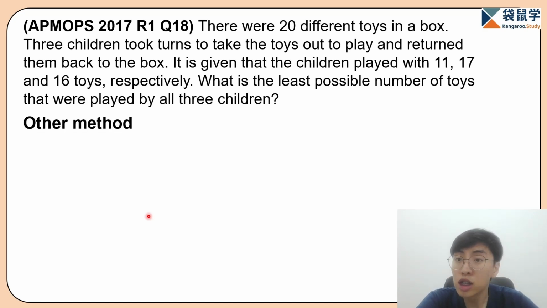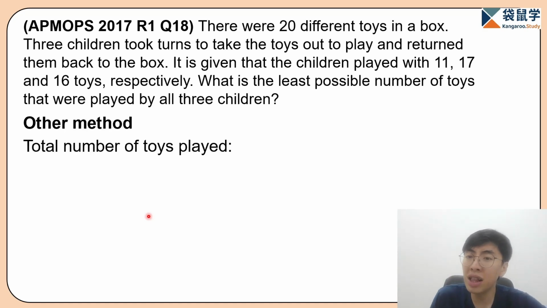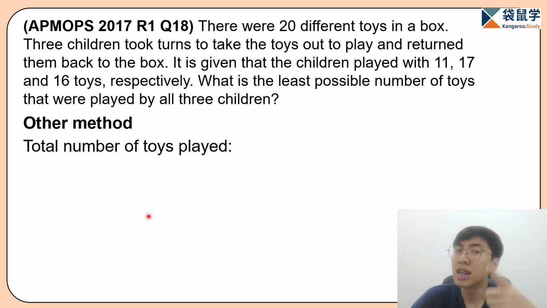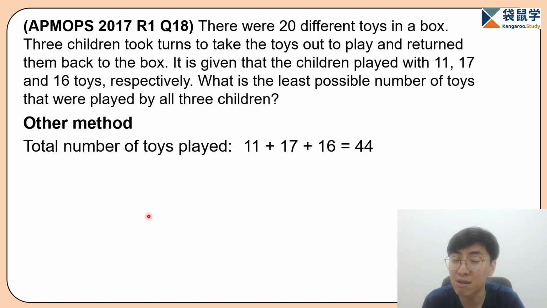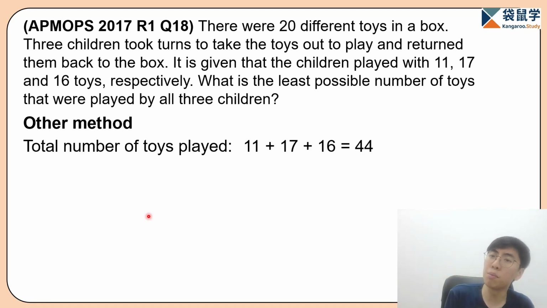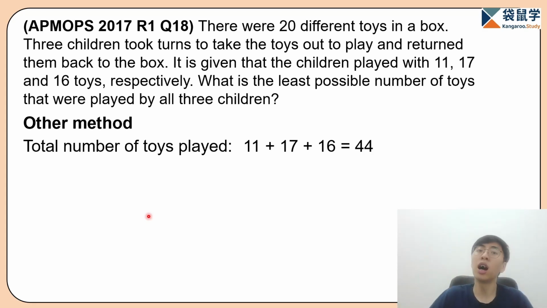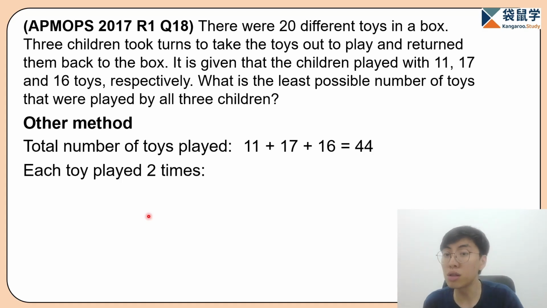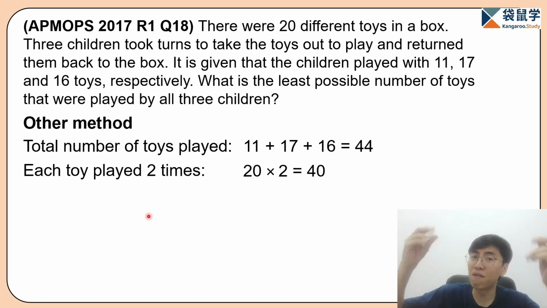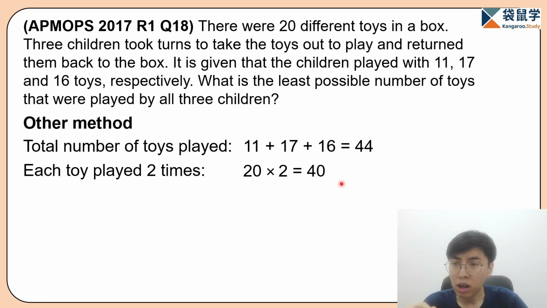2 times. So with that, I realized that the total number of toys played is 11 plus 17 plus 16 toys, and that gives us 44. And just now we mentioned, if each toy is played 2 times, how many times are that? 2 times 20, that gives us 40 over here.